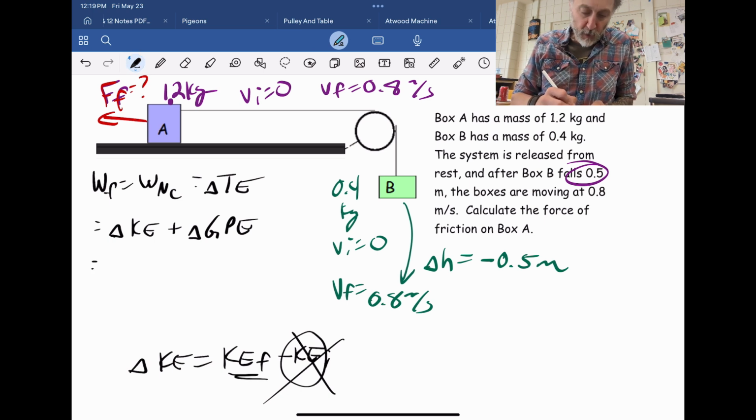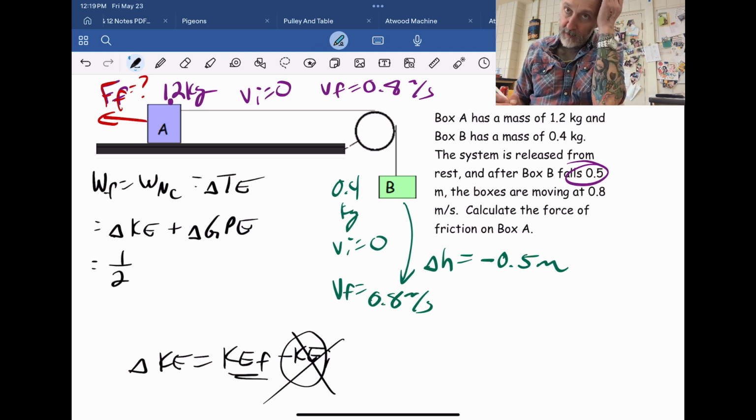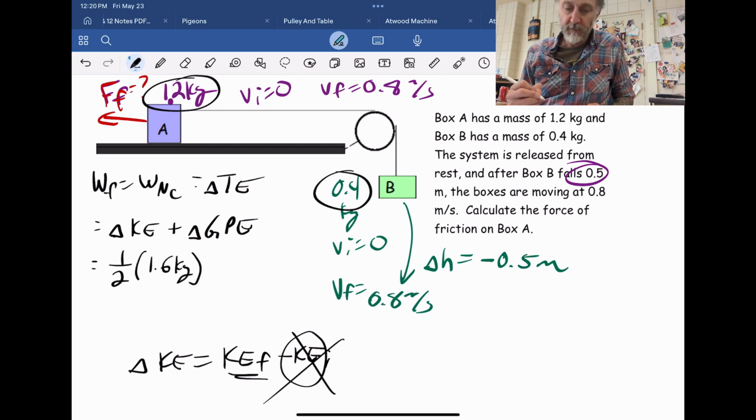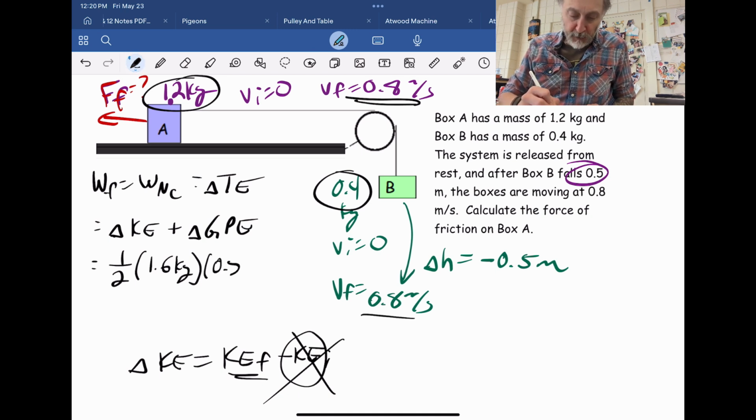Well, it's 1/2 mv squared. So 1/2 times, what's my mass? Well, I have a total of 1.2 plus 0.4, so that's 1.6 kilograms in motion. And all of that mass is moving at 0.8 meters per second. Okay, so that's my change in KE.